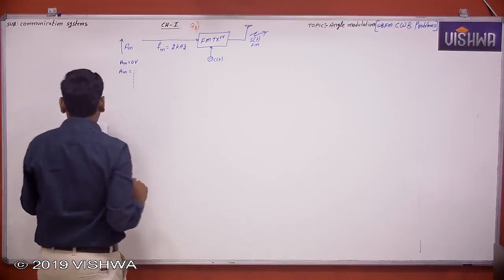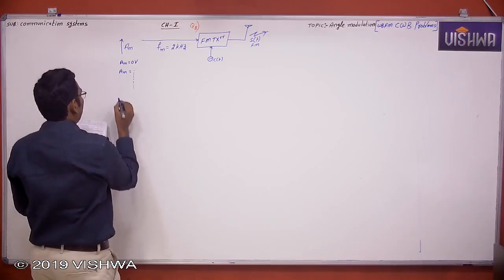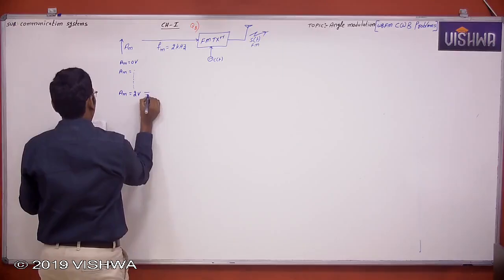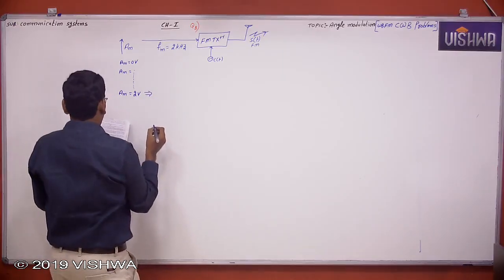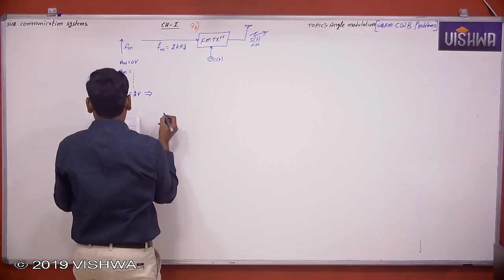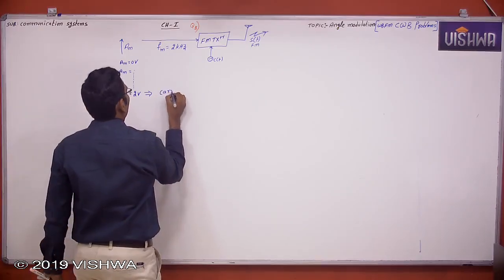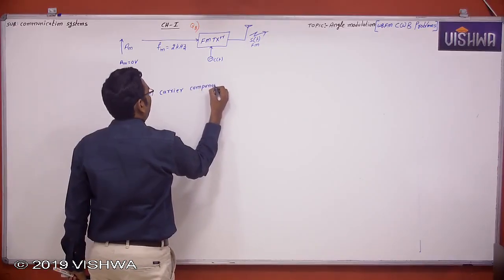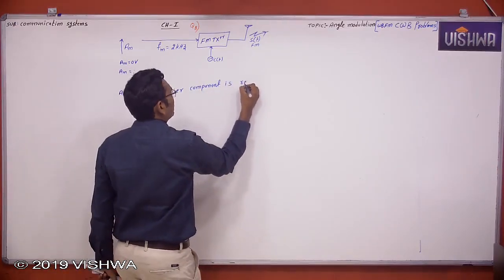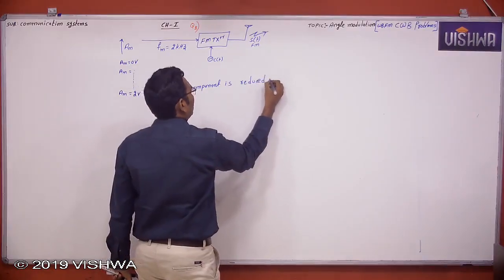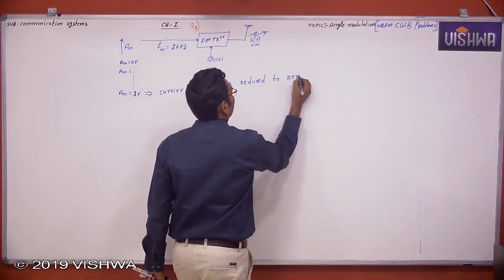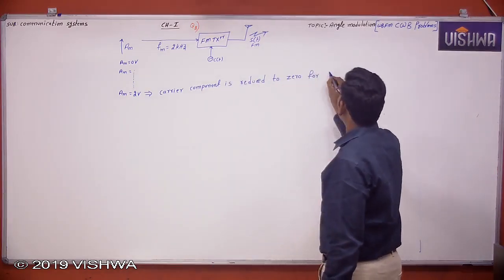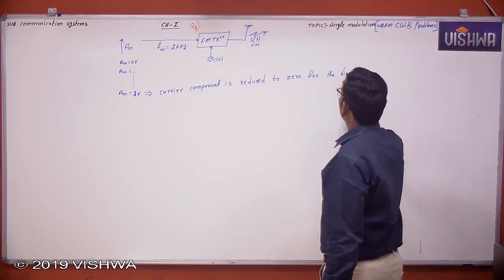When Am is increasing, it was found that when Am equals 2 volts, the carrier component is reduced to 0 for the first time.